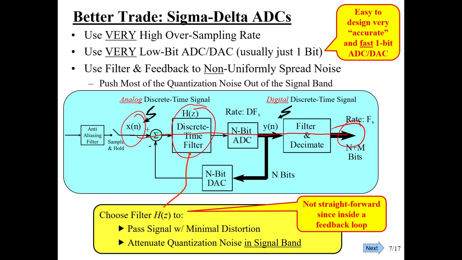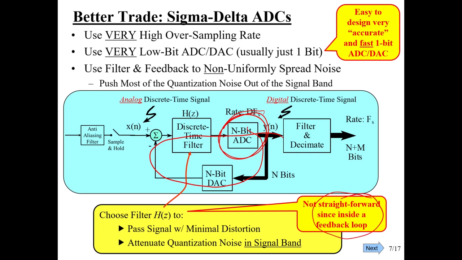But the noise that comes in from here, that's the quantization noise, will get attenuated as it goes around this loop. So that's the idea. And analyzing this is not totally straightforward because there is this feedback loop going on here. So we can't just say build that filter to pass the signal and attenuate the noise. No, we'll have to be a little more clever than that.